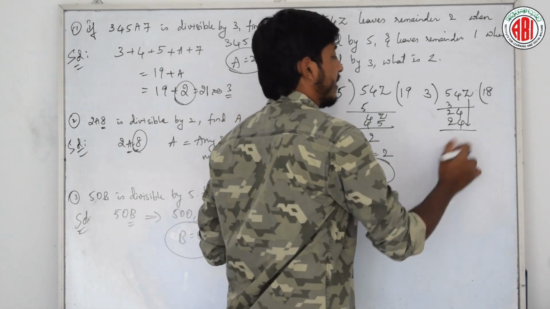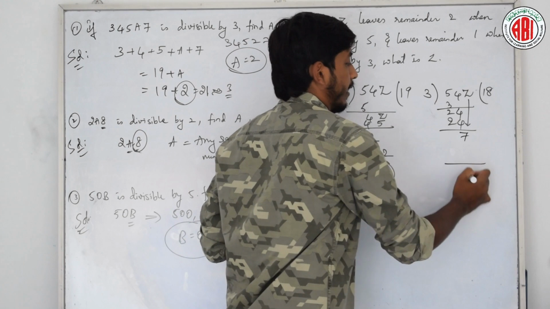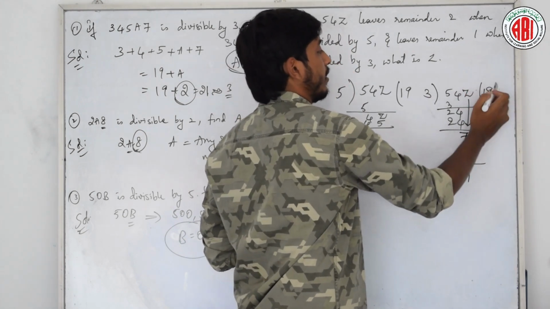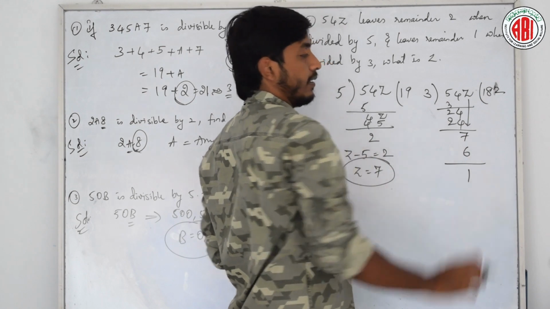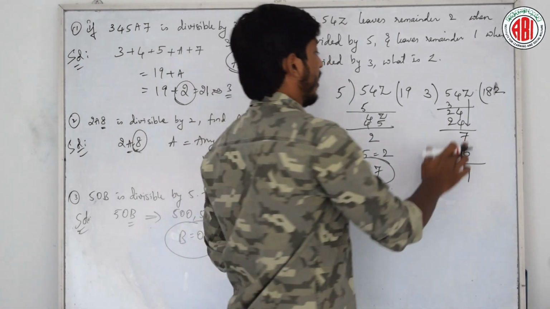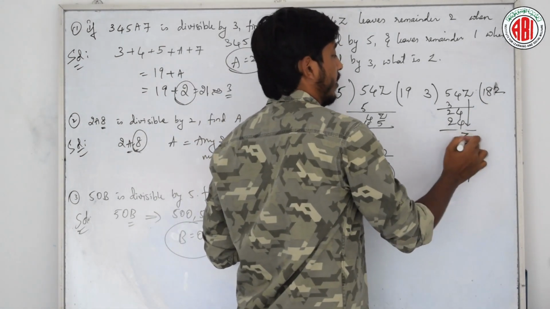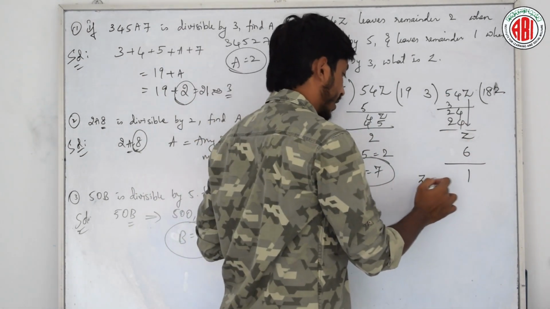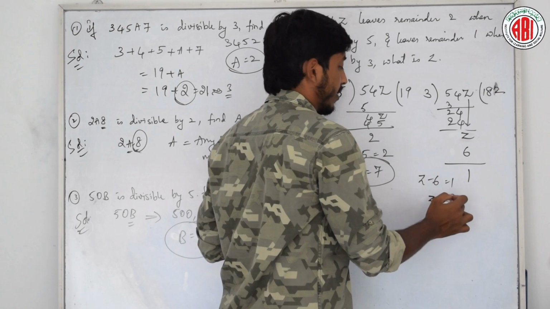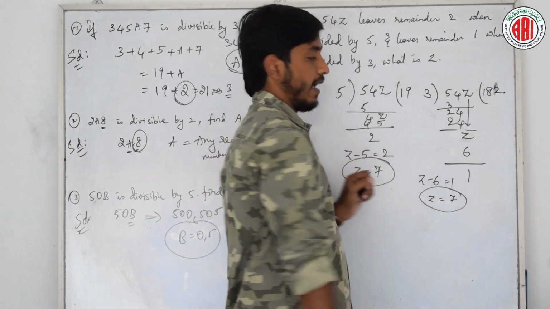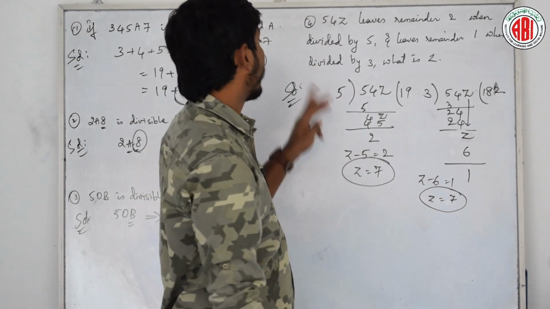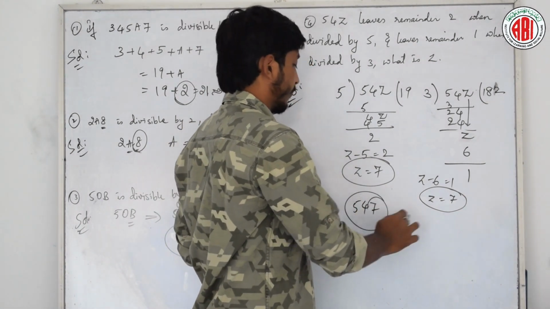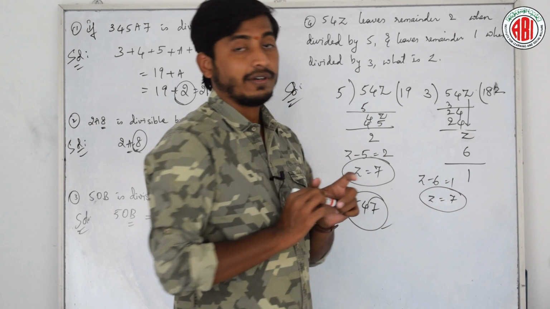If my Z is 7, let us write remainder 1. 3 twos are 6, and this is 1. Therefore, Z minus 6 is 1. Then Z is equal to 7. Okay. Therefore, the number is 547. Clear? Did you understand?